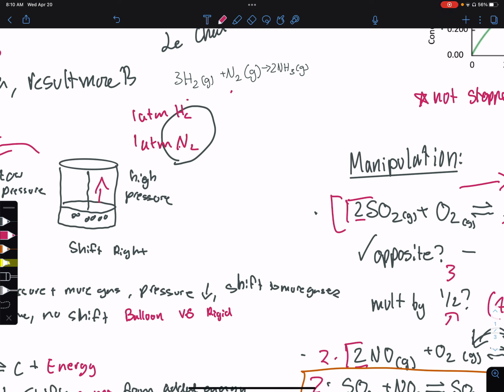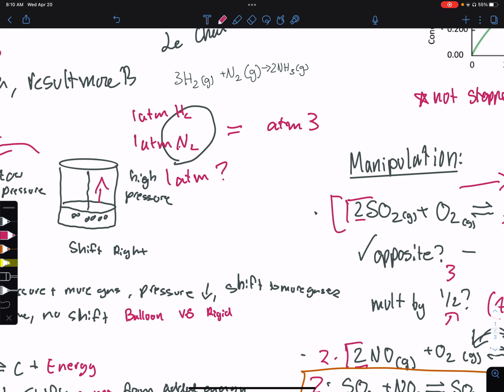That means the total is going to be 2 ATM, just simple math. What happens in a balloon if you add a third unknown gas? Obviously the total ATM now is 3 because all of that is in the balloon.